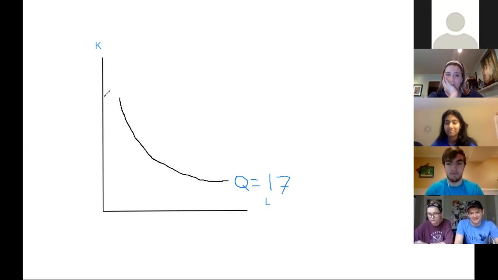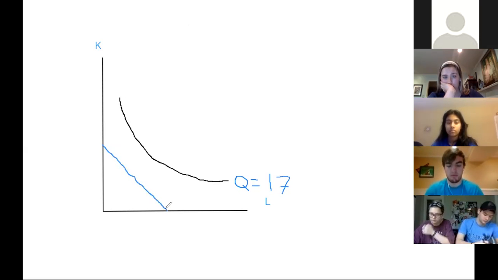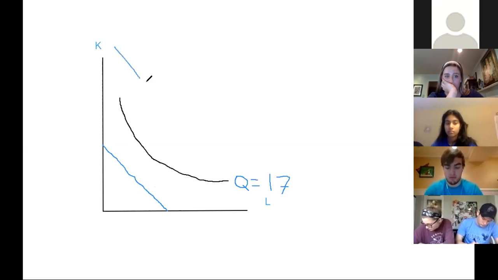Okay. So the idea here is that just like a consumer budget line, we can draw things that are called isocost lines. An isocost line is all the different combinations of labor and capital that cost the firm the same amount of money. The further out you go, imagine that that's parallel, the more cost to the firm.